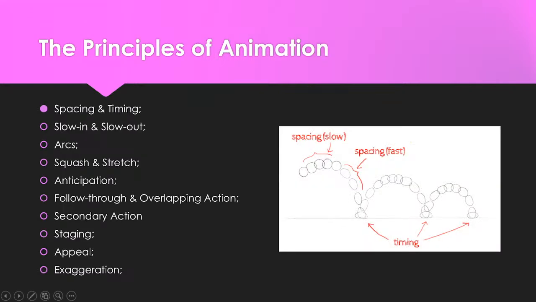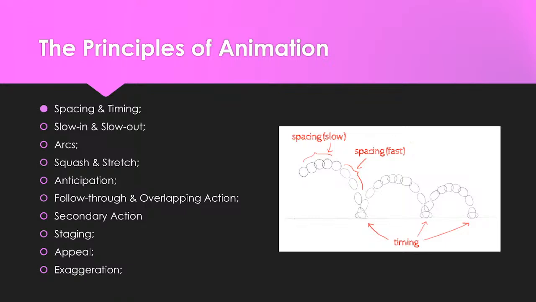This is what you were supposed to see before. We're going back to this. The principles are organized in the final order in which we're going to be looking at them. There's a little image on the side with the ball bouncing that specifies the differences between spacing and timing.